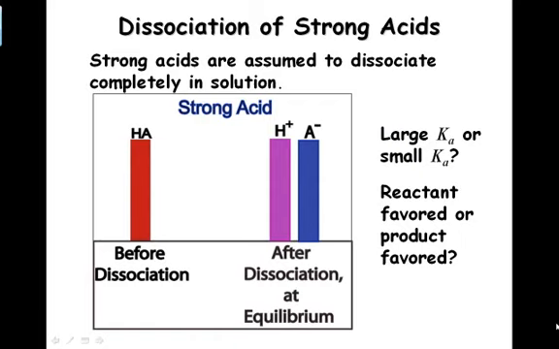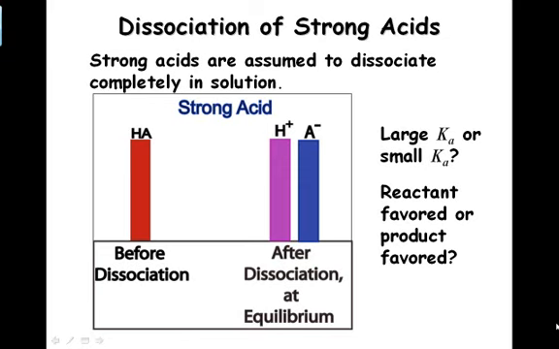Now, dissociation of strong acids. As I said before, strong acids are assumed to dissociate completely or near completely. Before dissociation, you see in the red we have HA. When that strong acid goes into solution, we're going to have an equal molar solution of H+ and A-, and everything dissociates.